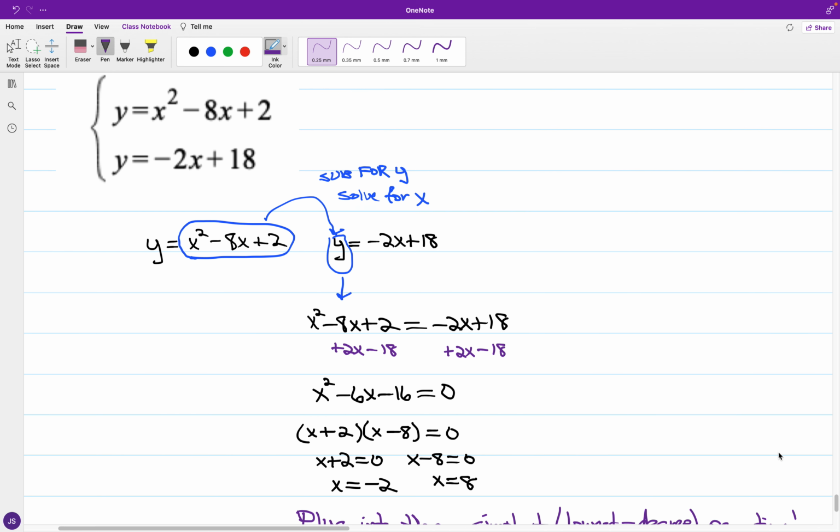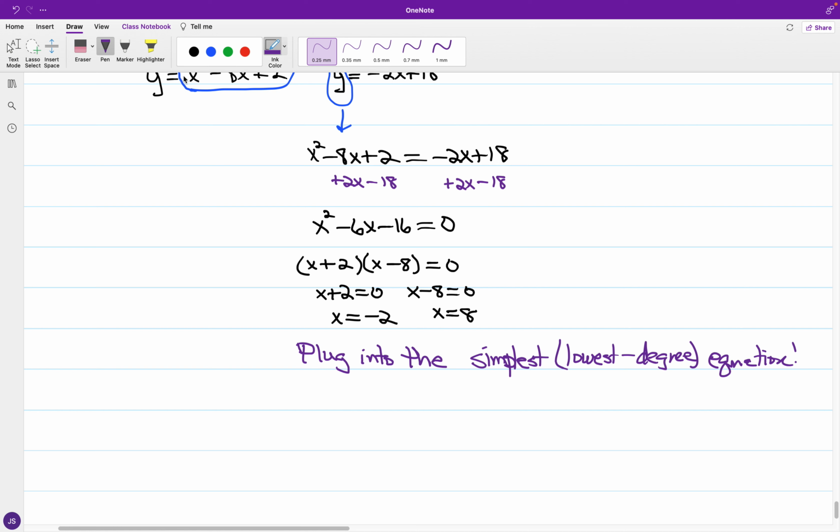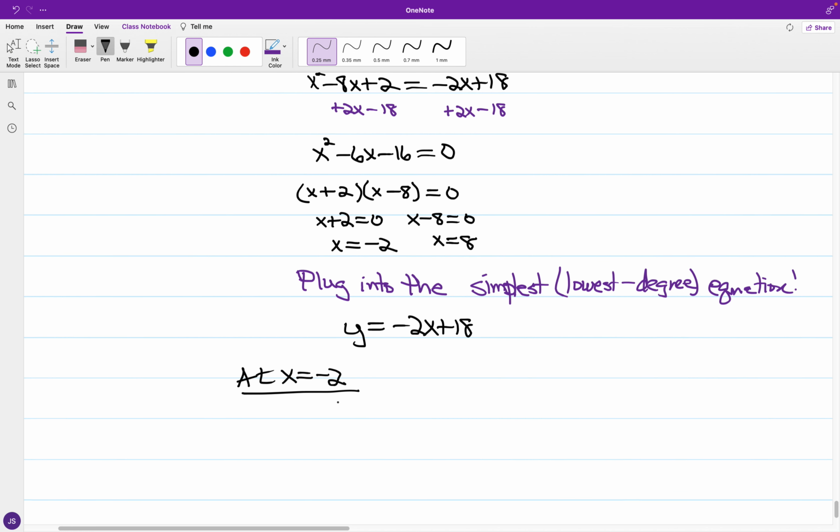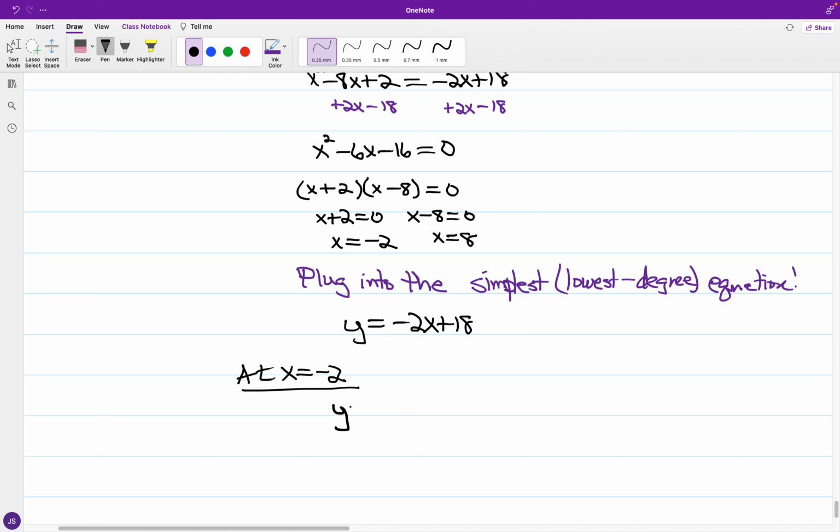And so we have y is equal to negative 2x plus 18. At x equal to negative 2, the corresponding y value is y equal to negative 2 times negative 2 plus 18.